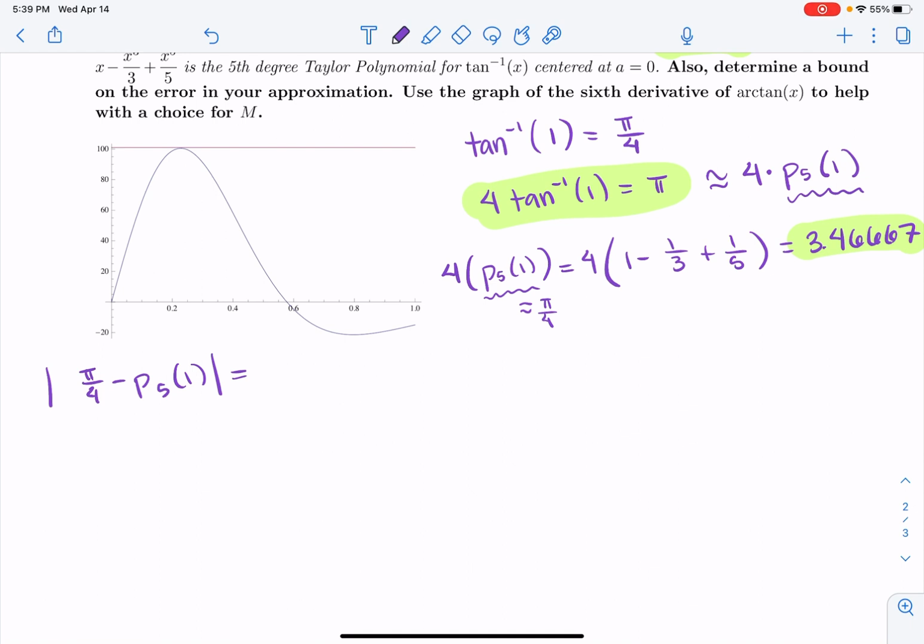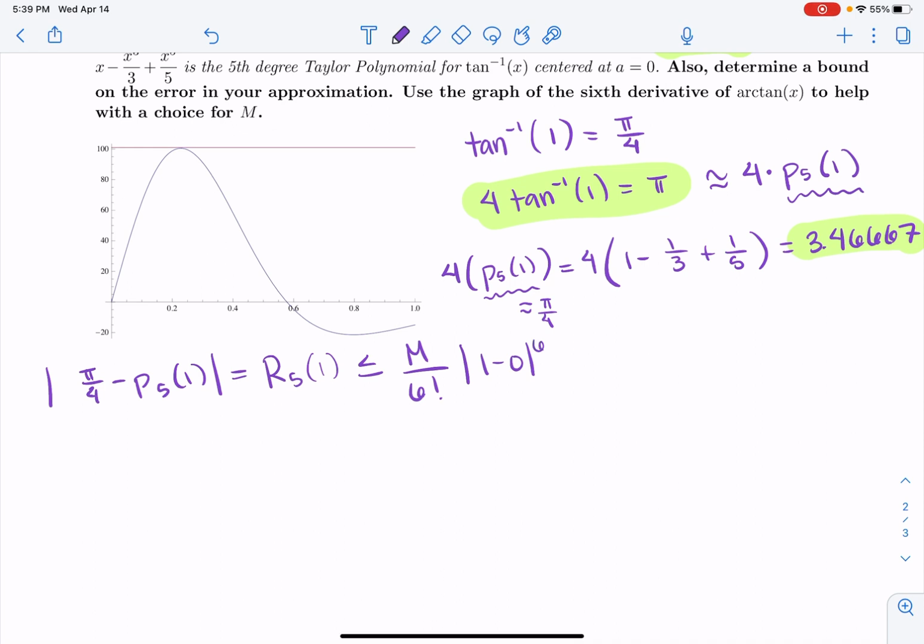Okay, so the error in pi over 4 calculation, we'll just call it R5 of 1, which is less than or equal to M over 6 factorial times the absolute value of 1 minus 0 to the 6.